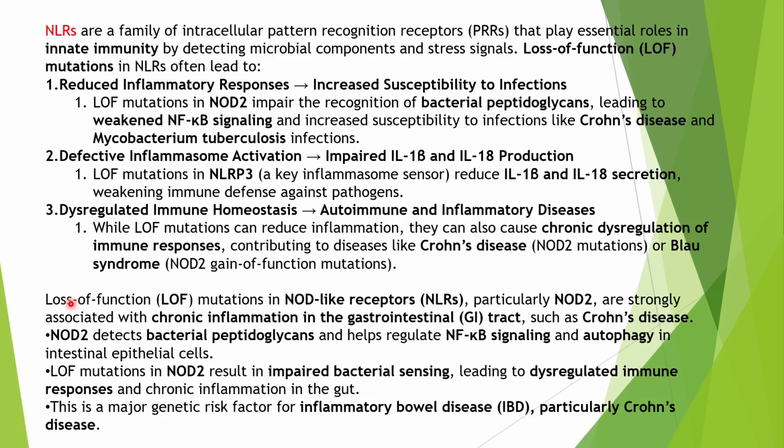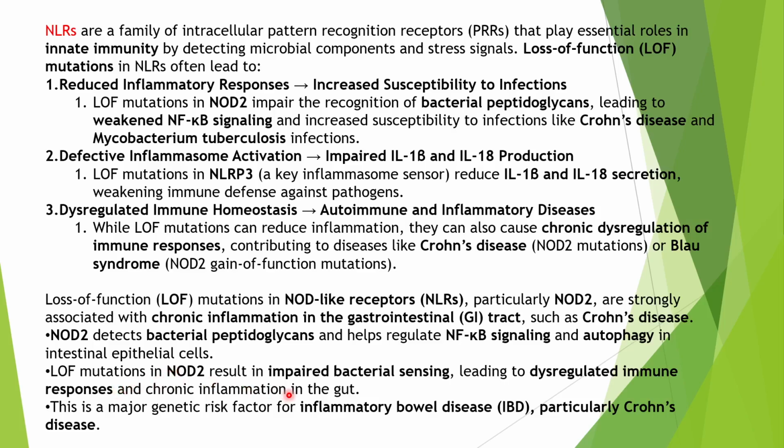So there are both loss of function mutations and gain of function mutations, and each has a particular type of effect on inflammation. Loss of function mutations in NLRs, that is your NOD-like receptors, particularly in NOD2, are strongly associated with chronic inflammation in the GI tract, that is Crohn's disease. NOD2 detects bacterial peptidoglycans, like we said, and helps regulate NF-kappa B and autophagy in the intestinal epithelial cells.